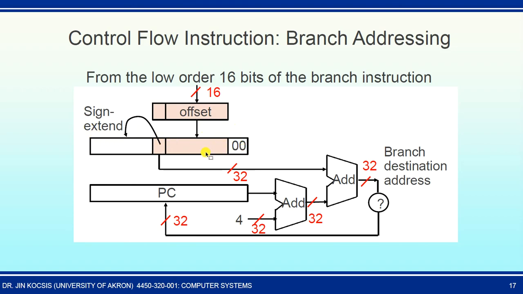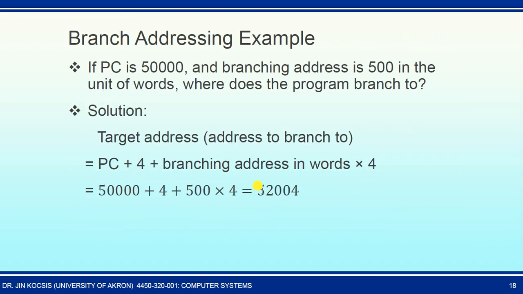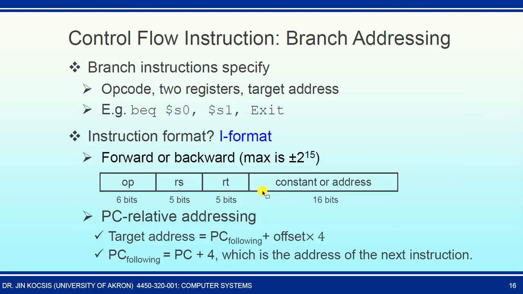After that, I get a 32-bit value, and I use this 32-bit value to perform addition with PC plus 4. In other words, the target address is equal to PC plus 4 plus immediate field times 4.